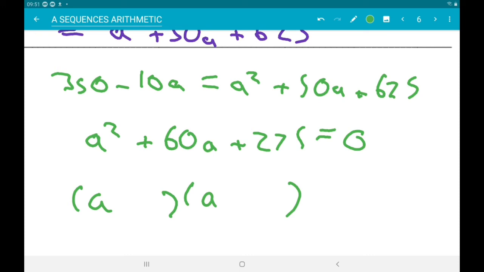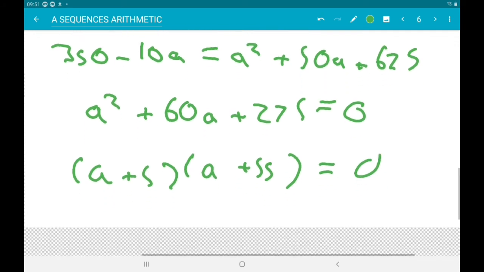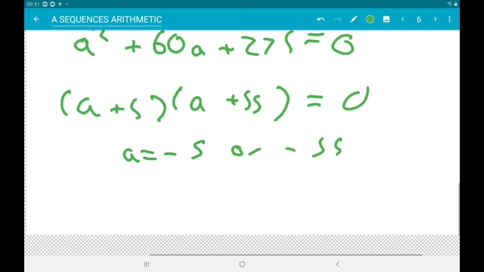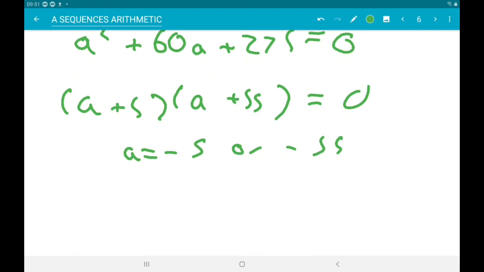Cool. So we get a plus 5 times a plus 55. So that tells us a is minus 5 or minus 55. So the smallest value of a is minus 55.